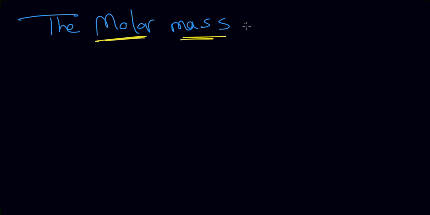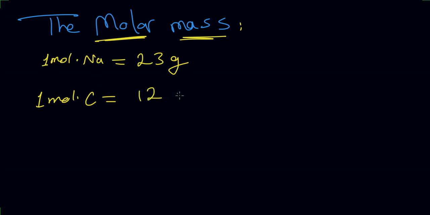For example, the mass of 1 mole of sodium is equal to 23 gram. 1 mole of carbon is equal to 12 gram. 1 mole means how many particles, guys? 6.022 multiplied by 10 to the power 23 atoms.